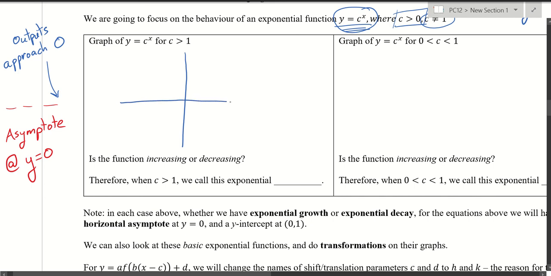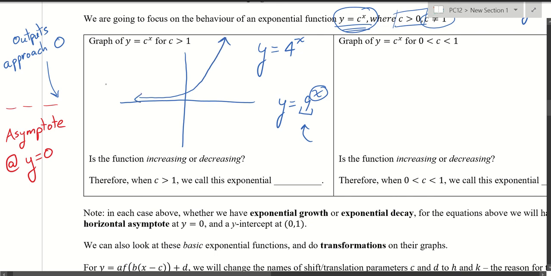So if we have a base of 3 or a base of 4, like if we have y equals 4 to the power of x, or y equals 9 to the power of x, or any base that is larger than 1, all to the power of x, this is what our graph will always look like.